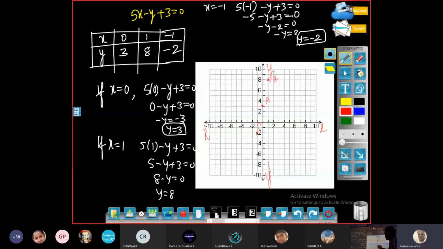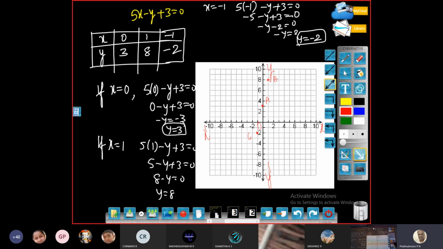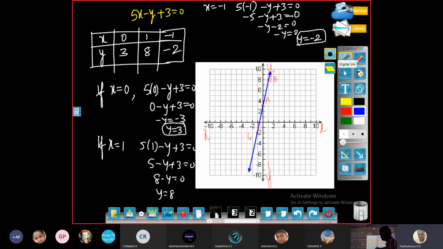This is the point, so that is point C. Now draw a line passing through these 3 points. So this is the graph of 5x minus y plus 3 is equal to 0.